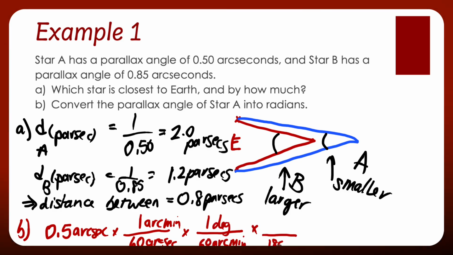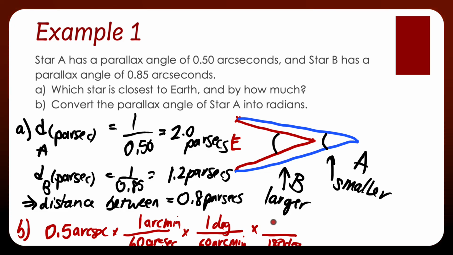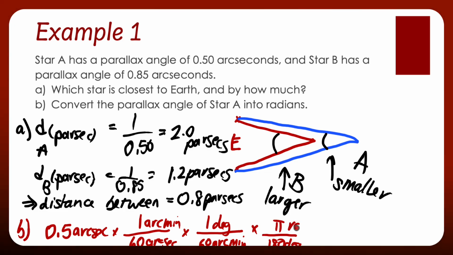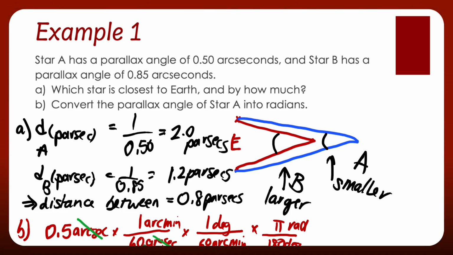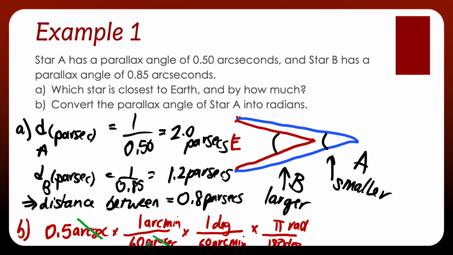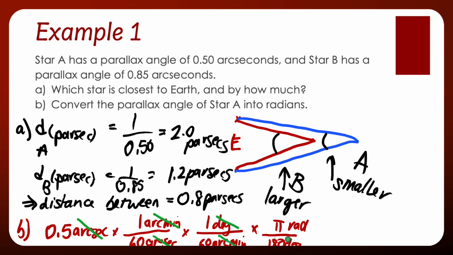If I have 180 degrees, that's pi radians. Notice that I keep writing them in such a way so 1 arc minute is exactly the same as 60 arc seconds. And since they're exactly the same, this is like multiplying by 1. All I'm doing is changing the units. I'm writing them so that my units cancel out. Tops and bottoms are equal to each other, and so now I'm going to be left with radians.